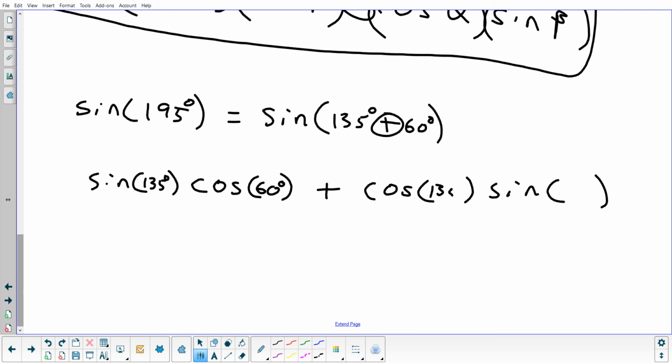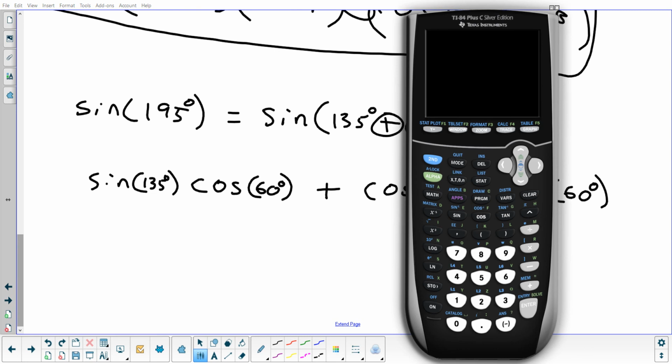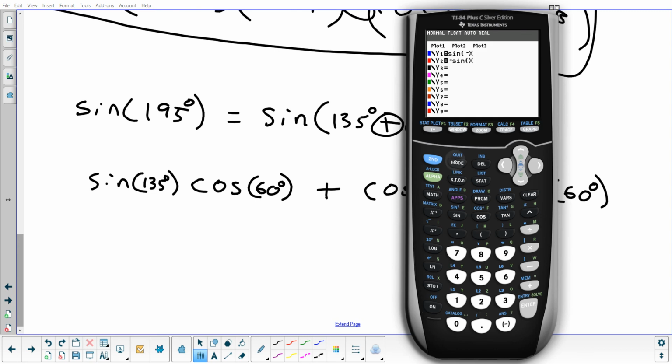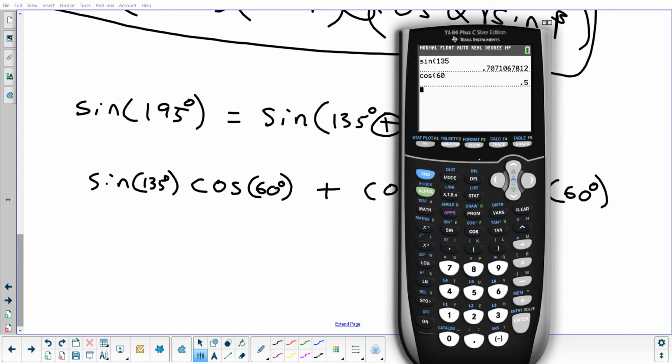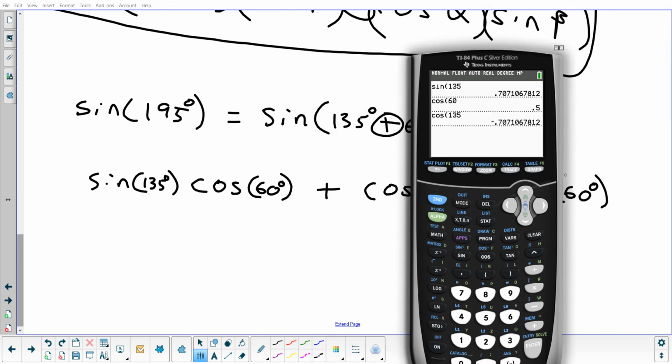Now, these might not be angles we've dealt with before, but the decimals are going to be all the same. You're going to get the 0.866s and the 0.707s and the 1/2s. Same numbers. Okay, let's go through it. I'll type them all in just so we have them all ready to go. Sine 135, cosine 60, cosine 135, and sine 60.